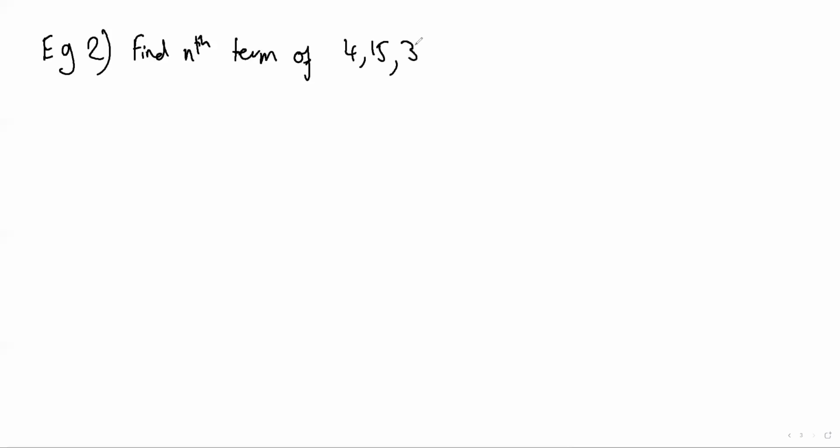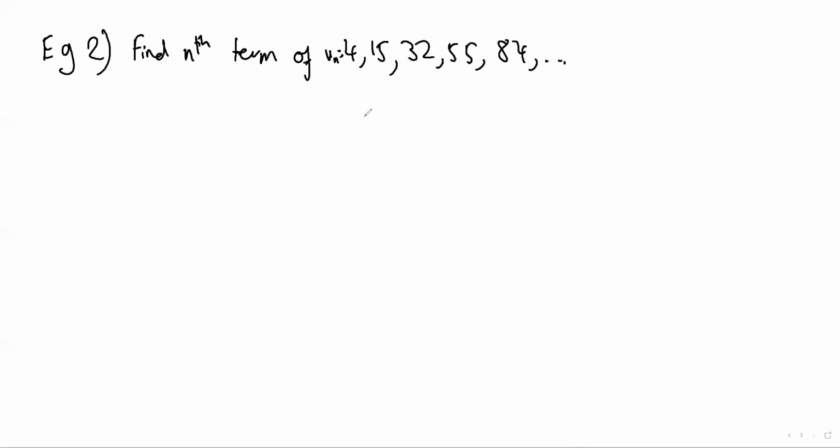Okay, so let's look at a more complicated example. This one, the a will actually be greater than 1. So let's have a go and find the nth term of 4, 15, 32, 55, 84, and so on.